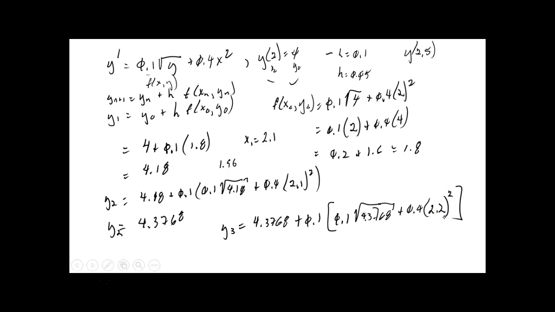Basically, this can be programmed on the computer fairly simply. You just make that a function and then plug in the values. The x you can just do stepping up by 0.1. The y you calculate each time, then you plug that back in and you just go through town.